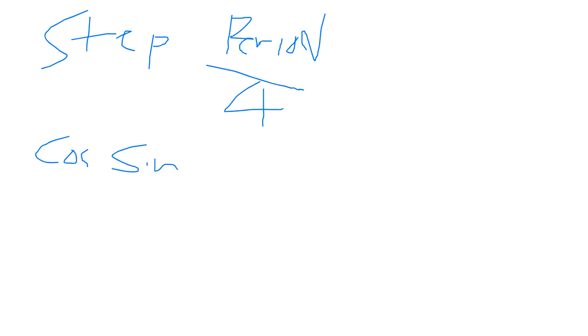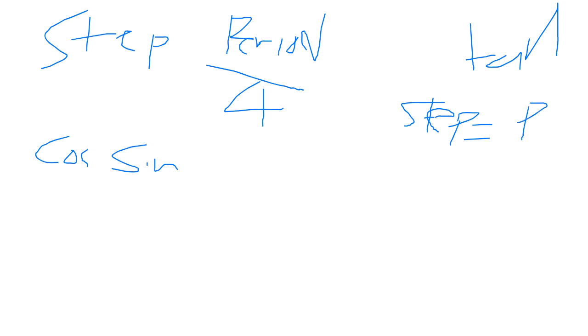But when you have a tan graph, your step is going to be equal to whatever your period is over 2. So that is how you find your step.